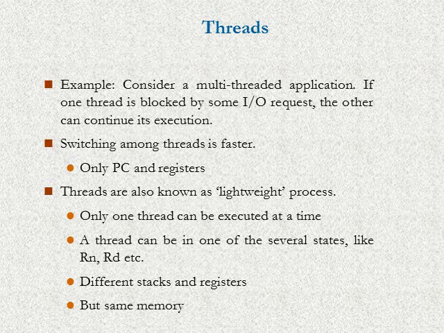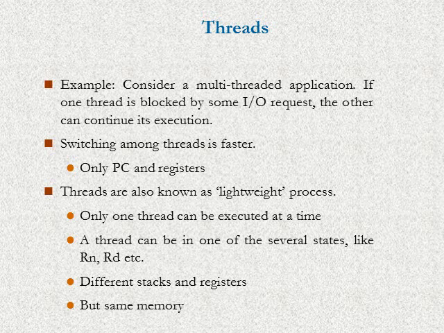Because we have less data and only a few things that we want to save and reload, switching among multiple threads of the same process is a lot faster compared to switching among processes. These are the reasons why a thread is termed a lightweight process.